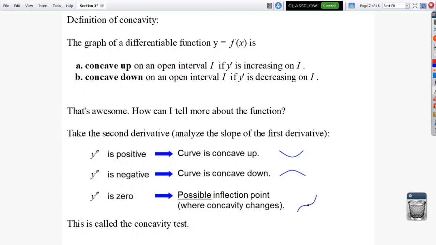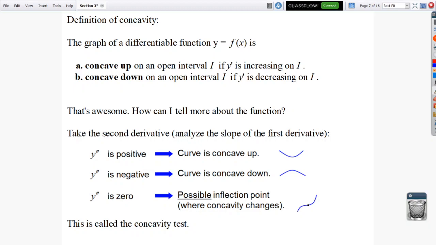The graph of a differentiable function y equals f of x is concave up on an open interval I if y prime is increasing on I. It is concave down on I if y prime is decreasing on I. That's great. How can I tell more about the function? The second derivative, again, is the rate of increase or decrease of y prime.